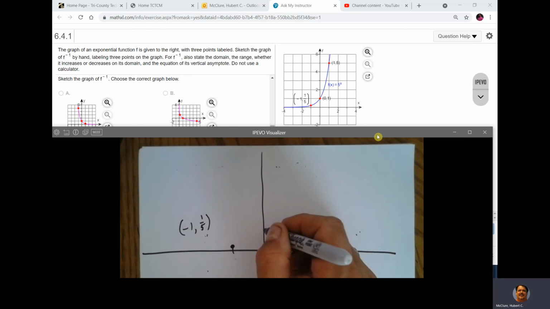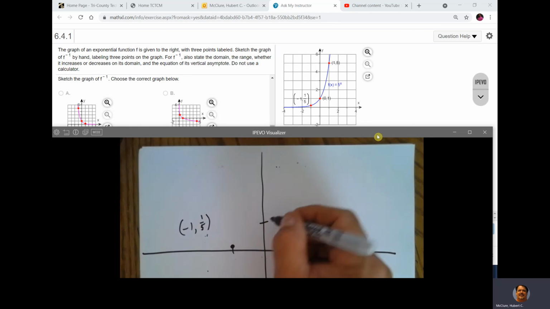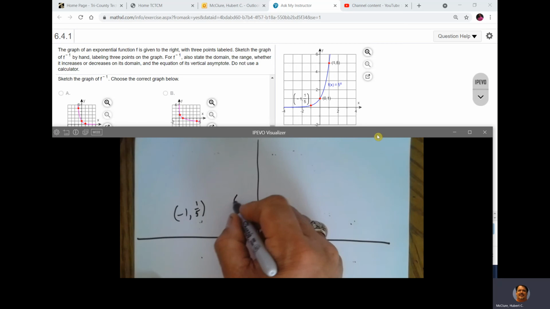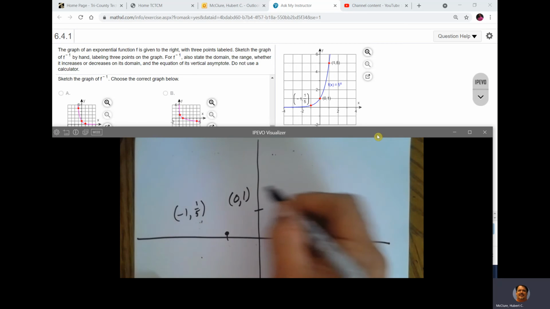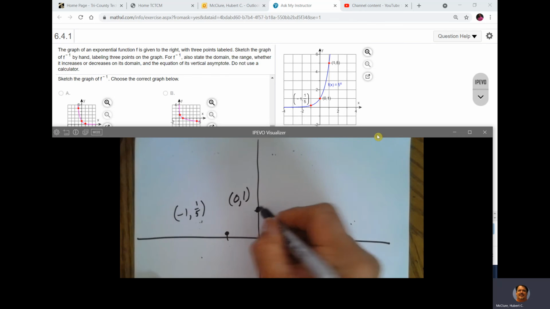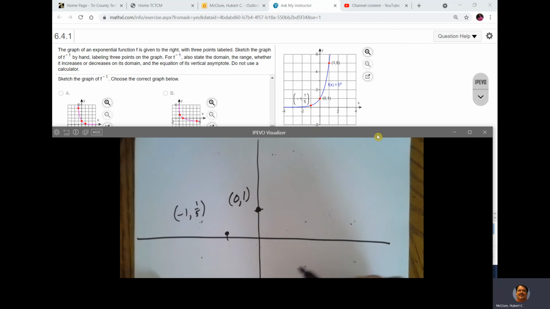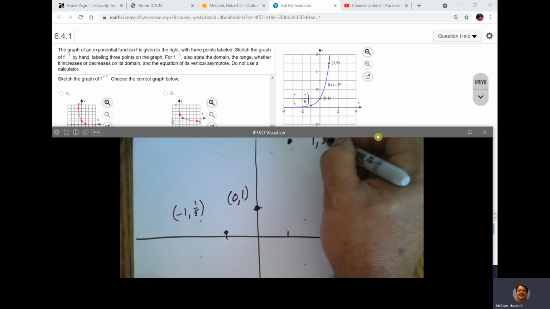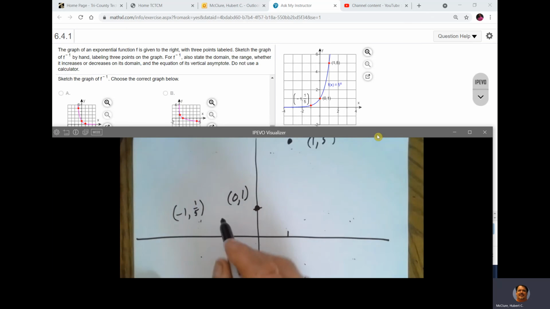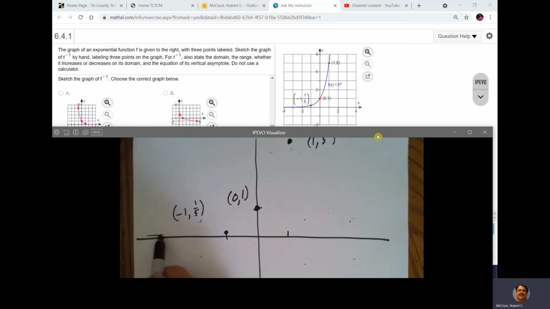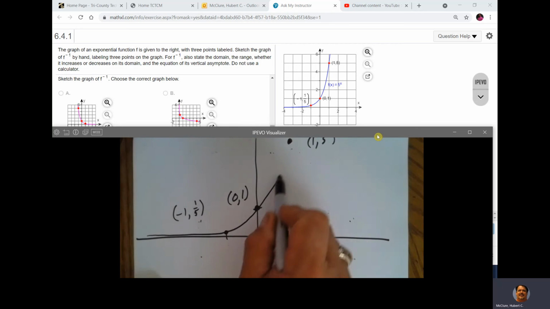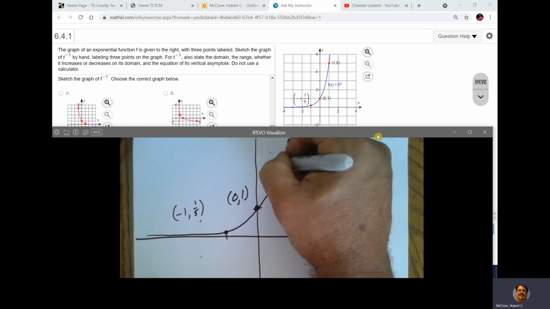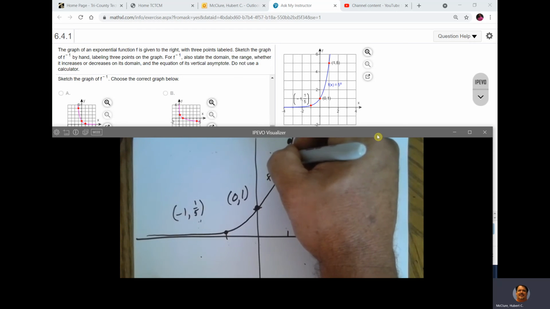And logarithms always cross at 0, 1. So this is 0, 1 right here. And then we got another one at 1 and 5. And this is your f of x is equal to 5 to the x.